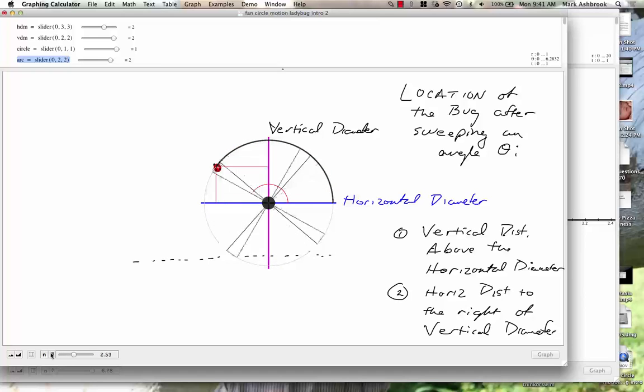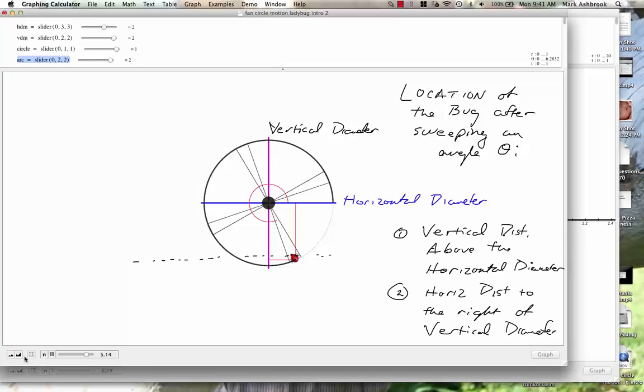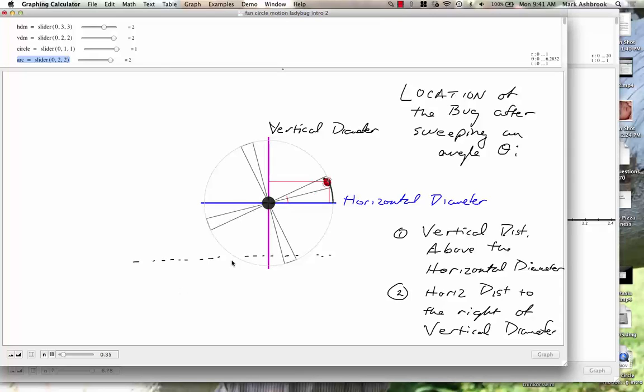The distance on the radius that starts on the 3 o'clock line. Okay, so what kind of distance? Depends on the measurements you have.